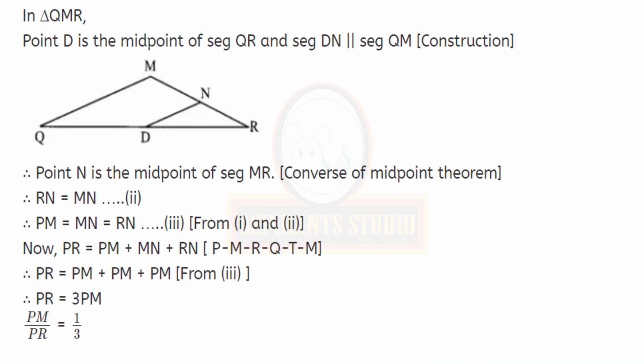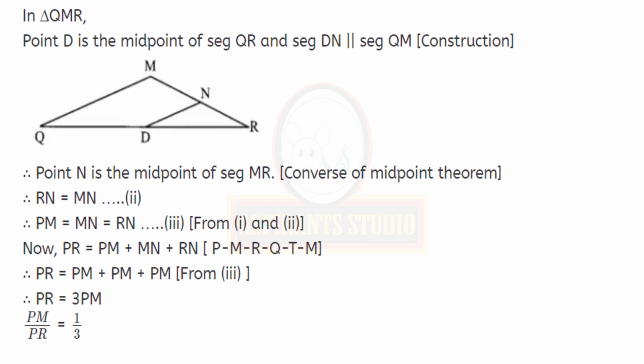Now pick out triangle QMR. When you take triangle QMR, point D is the midpoint of segment QR and segment DN is parallel to segment QM according to our construction. So here also we have to apply the converse of midpoint theorem only because we have only one midpoint and parallelism.